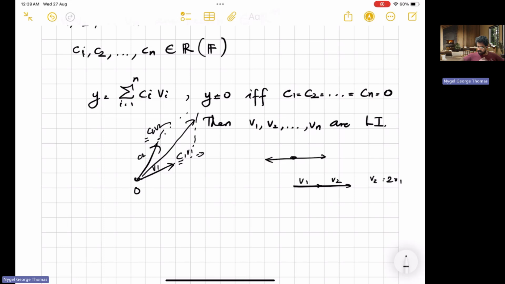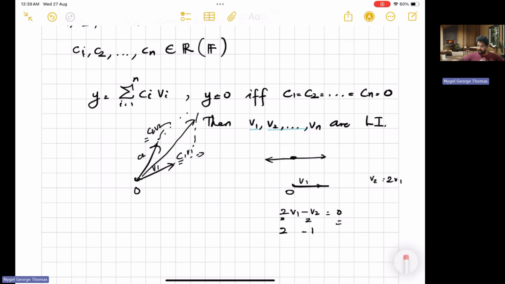Take 2v1 minus v2, which is 0. So what are the coefficients here? 2 and minus 1. With these scalars, 2 and minus 1, we could reach the zero vector. Are these vectors linearly independent? No, v2 and v1 are linearly dependent.